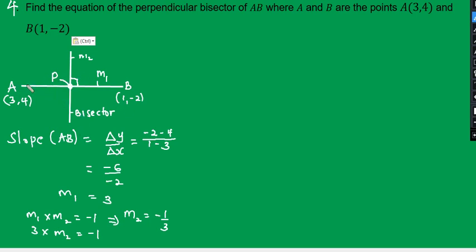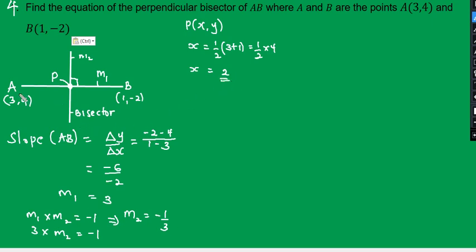We know that the midpoint of any line is got by the average. So point P(x, y) is found by taking the average of the x coordinates, which gives the x value, and the average of the y coordinates, which gives the y value. The x will be a half of 3 plus 1, which is a half of 4, giving us 2.